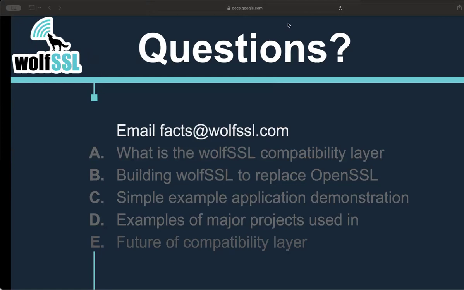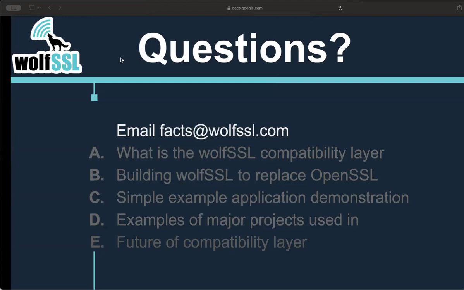And I have another question: are there any downsides to using the compatibility layer instead of rewriting for wolfSSL? There is a little bit of a downside. With our OpenSSL compatibility layer, it does add some additional code size and some additional resource usage.